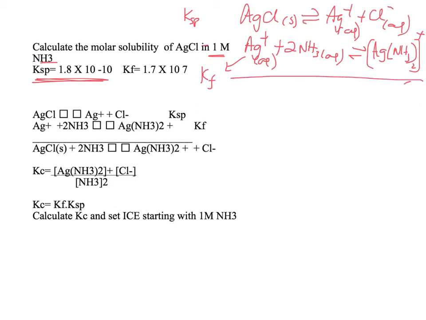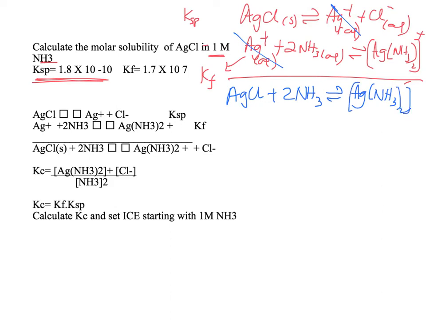Now for the first reaction, the KSP is known. For the second reaction, the formation constant is known. Hopefully you can see that if you add the two, because these are the two reactions that are ongoing, the silver and silver will cancel off, and AgCl plus 2 ammonia is going to give you the silver diamine complex and the Cl negative. So when you add the equations, you should take the product of the K values.